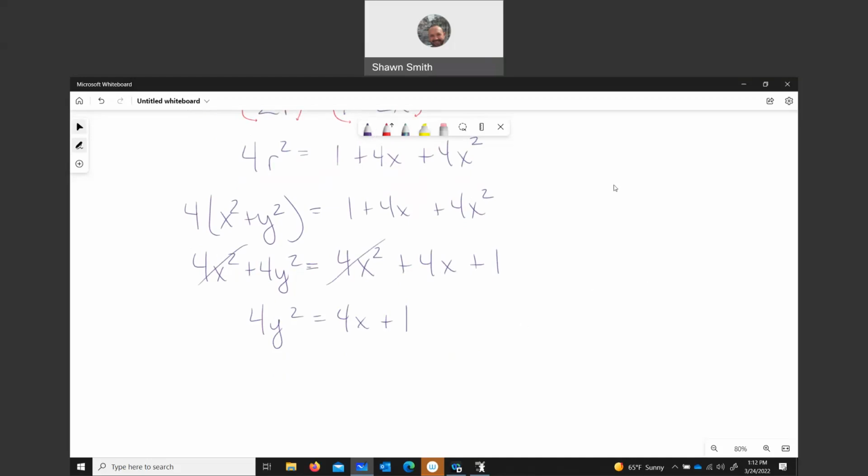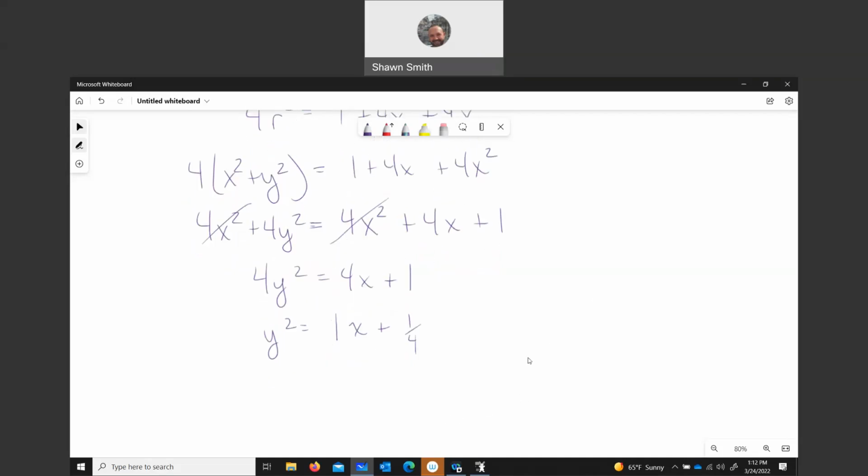I can keep on rewriting this equation in a different format that we're really familiar with. If I divide everything by 4, this would be y squared equals x plus 1/4, something like that. It's as far as you can go right now, according to the directions, that's a rectangular equation, x's and y's.